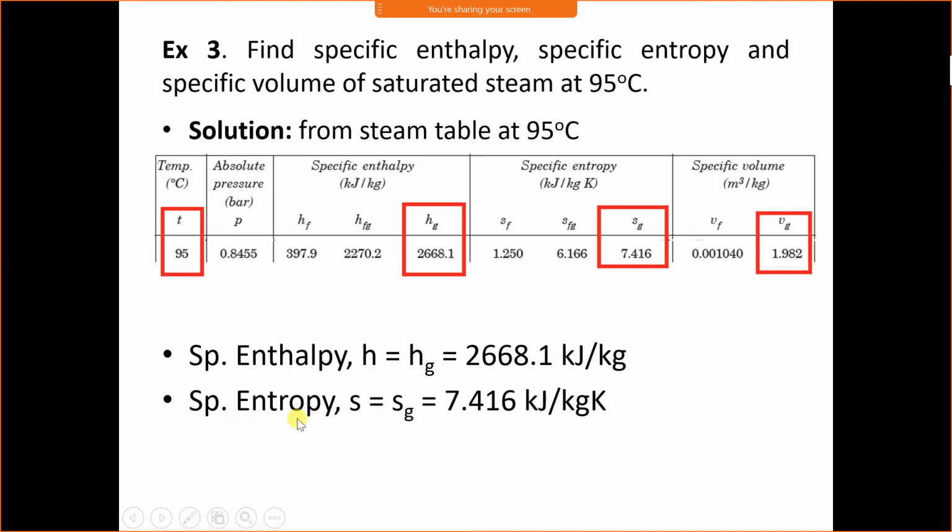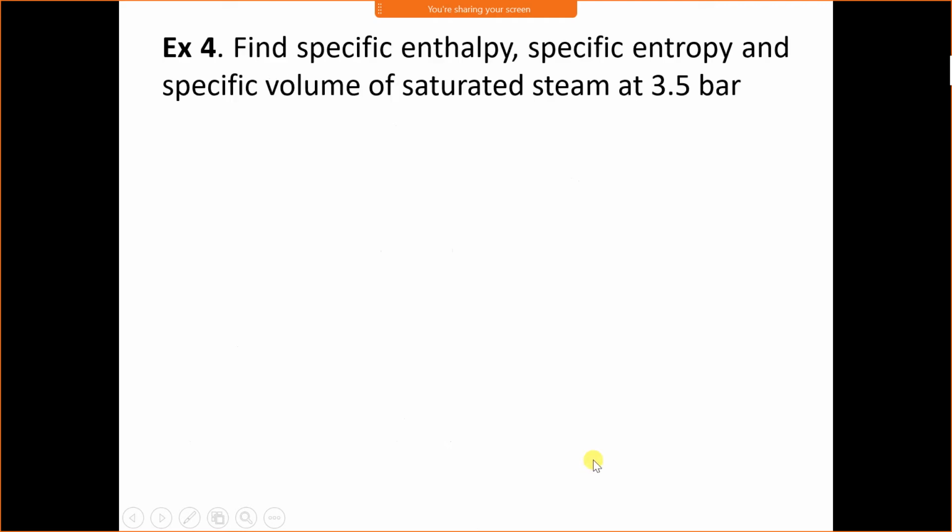Then specific entropy at 95 degrees Celsius, sg is 7.416 kilojoule per kg Kelvin. Then specific volume of saturated steam is vg, which is equal to 1.982 meter cube per kg.